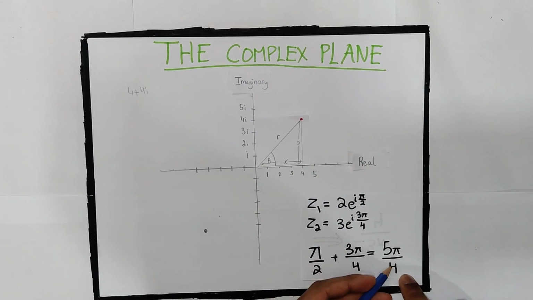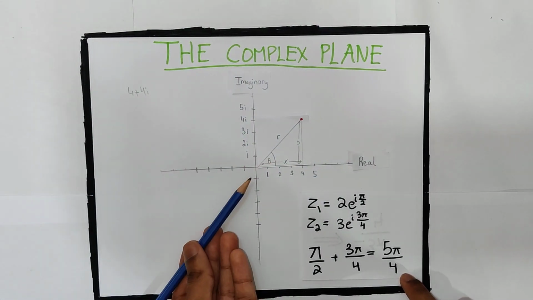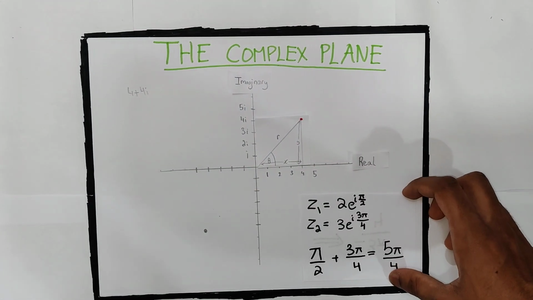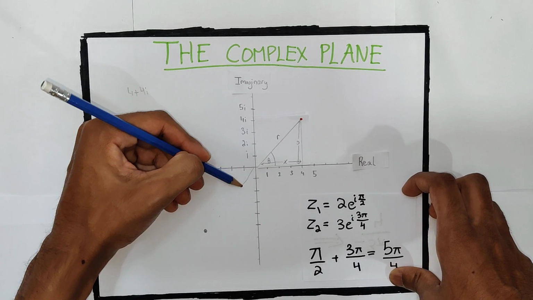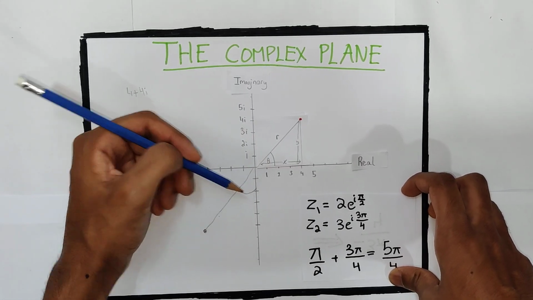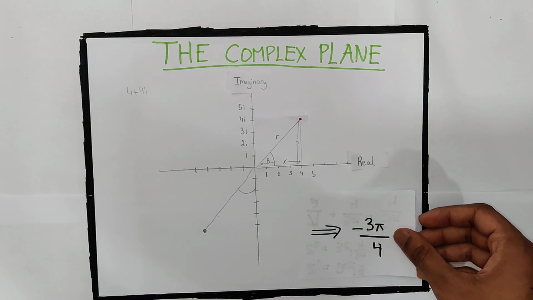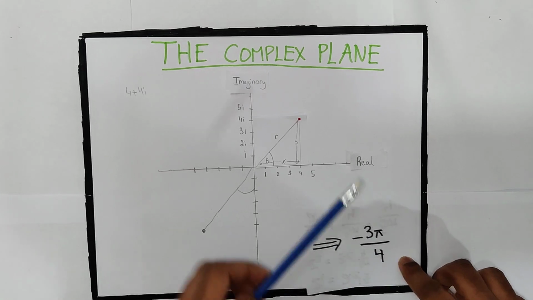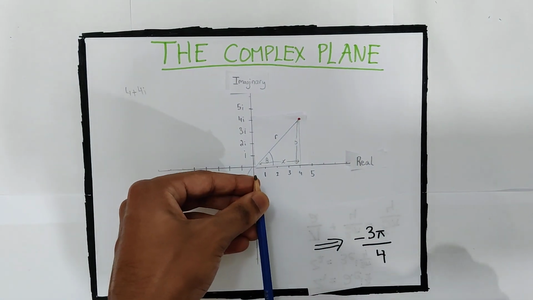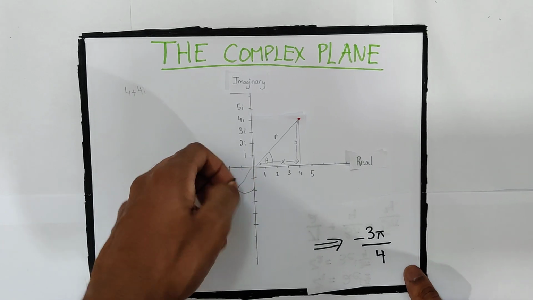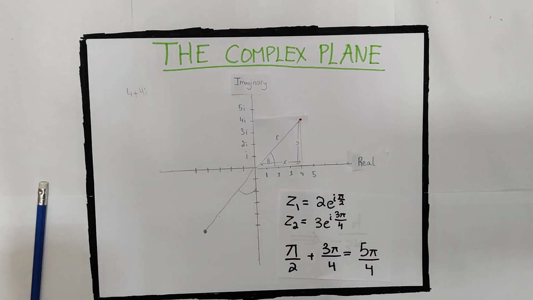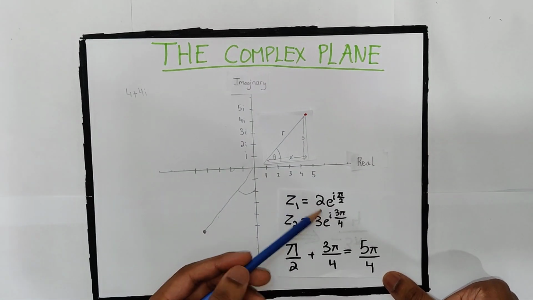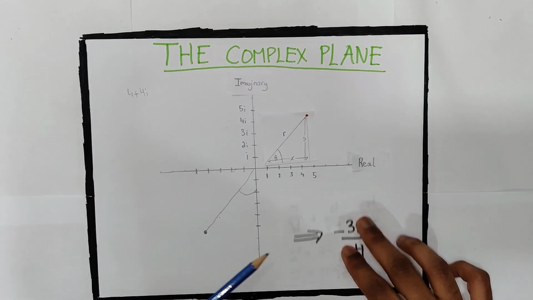And because this whole thing here is 5 pi over 4, you can subtract the entire thing from 2 pi, or you can also say that this angle here will be pi over 4, and you get this argument, minus 3 pi over 4, because this is pi over 2, and this is minus 3 pi over 4. So the final number you'll end up with is z3 is equal to 6e to the i minus 3 pi over 4.